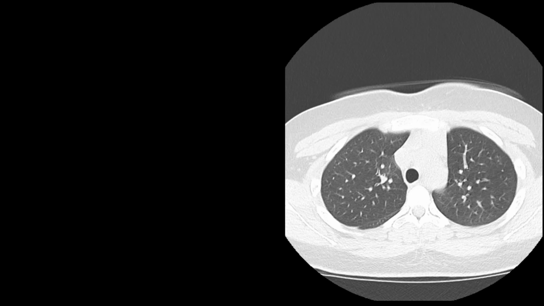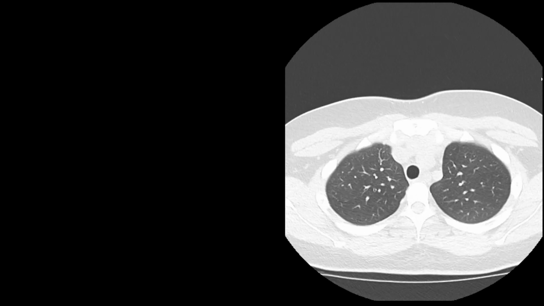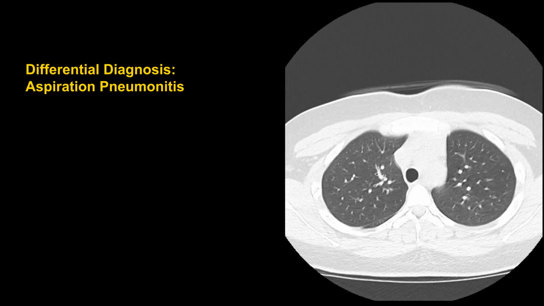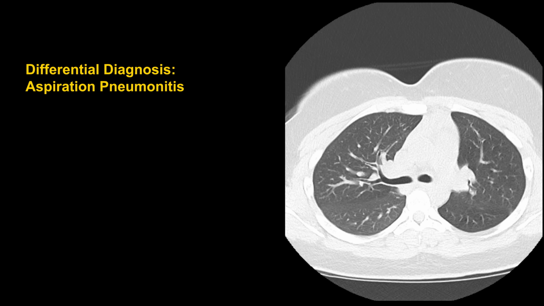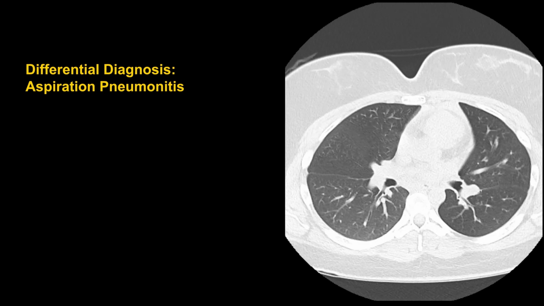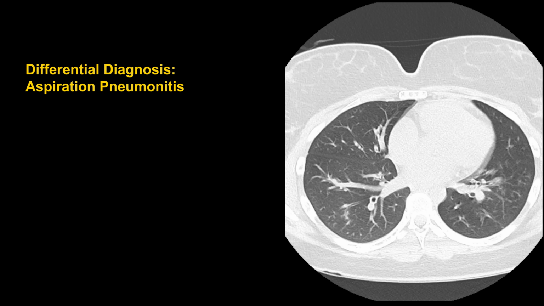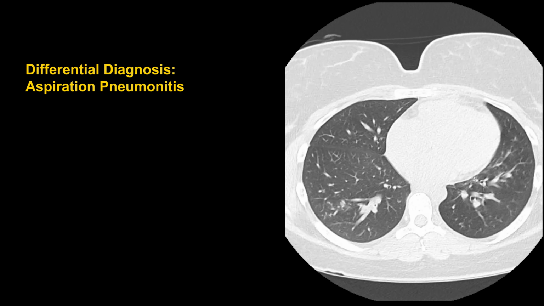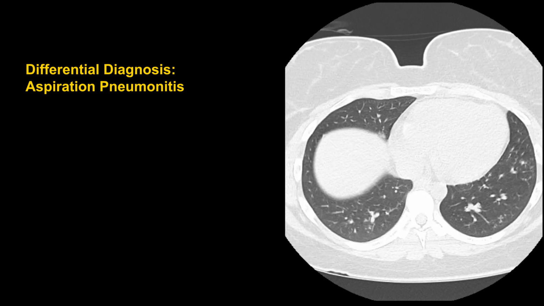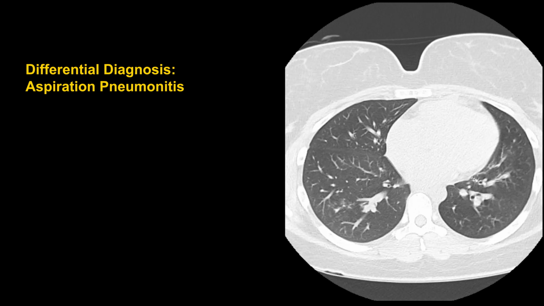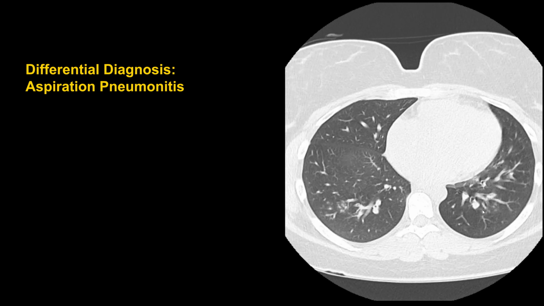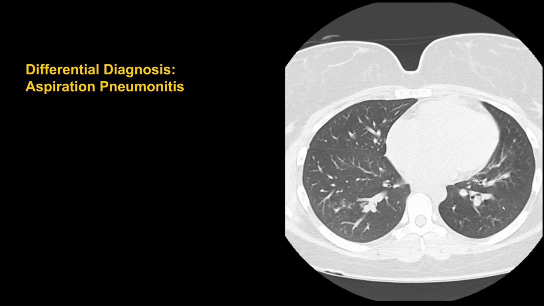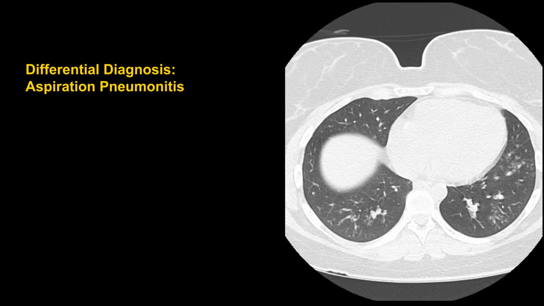Let me show you some cases that might be in the differential diagnosis for NTM. First of all, you can see that this patient's lungs are relatively normal. They have a bit of bronchial wall thickening, but as we go down to the bases, you can see clustered areas of tree and bud opacity, like for example down here, and in the left lower lobe down here, over here.